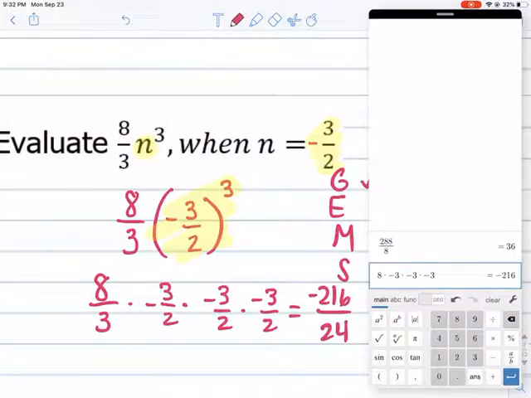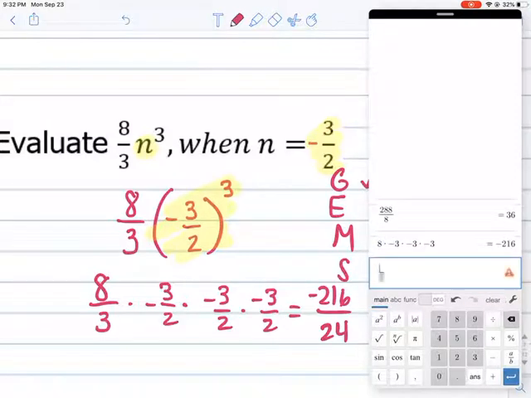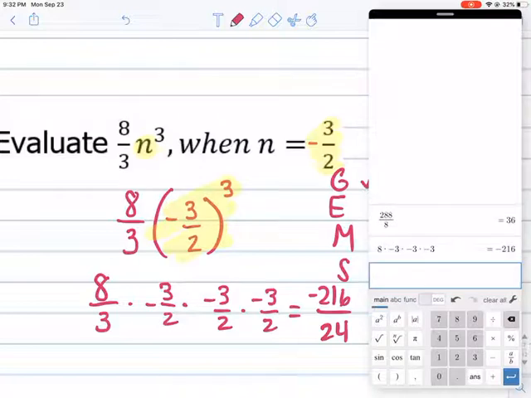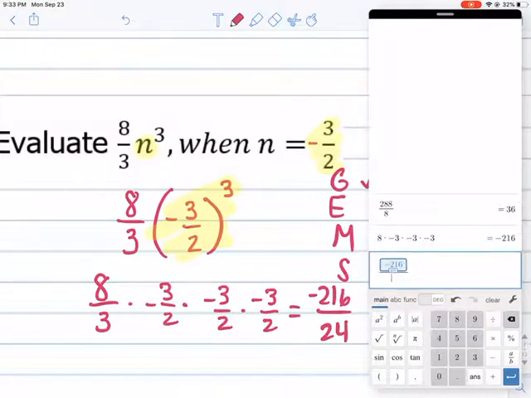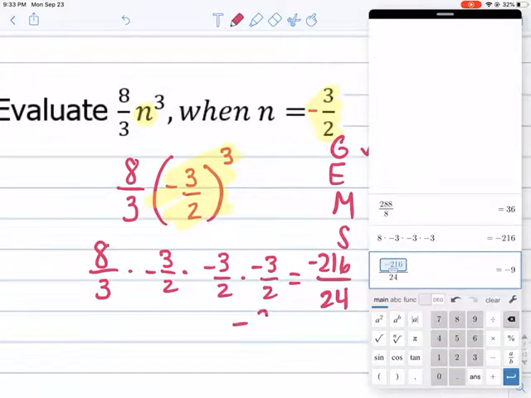Then you can hit the answer button, ANS, bring up 216, divide that by 24, and you get negative 9. So it seemed all scary, but it actually simplified to an integer answer.